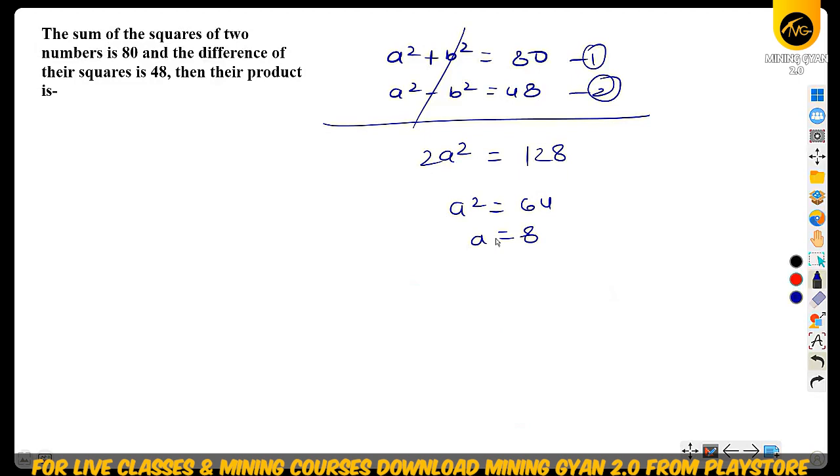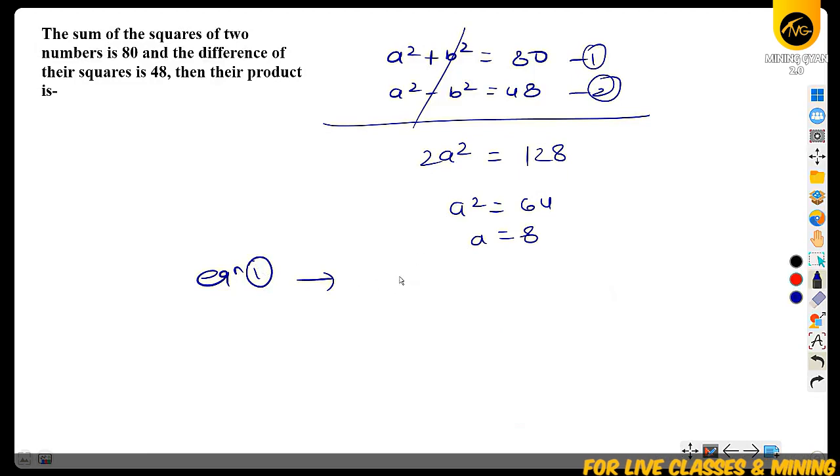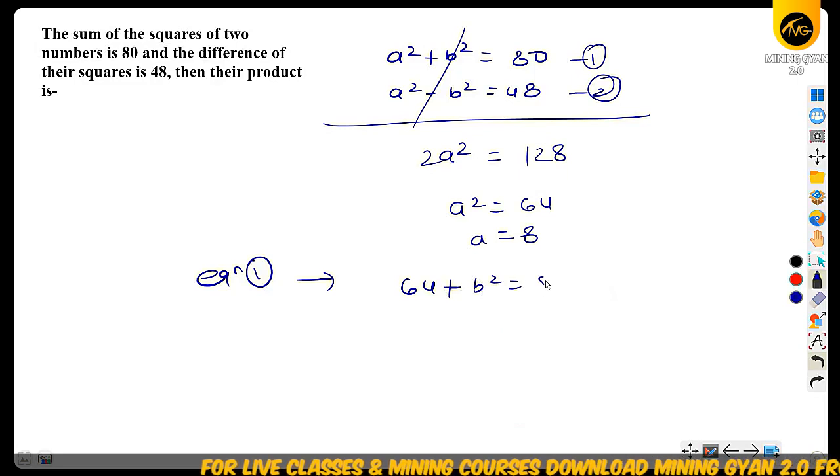Okay, 32. Anyone else? Vishwajit, 32. Okay. So A is equal to 8 from equation number 1. A square plus B square, so A square, that means 64 plus B square is equal to 80.